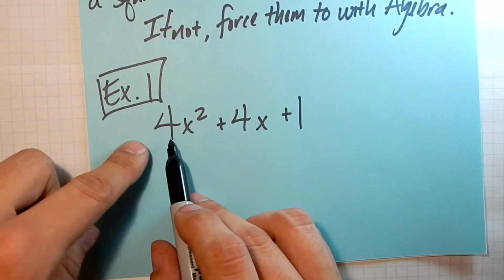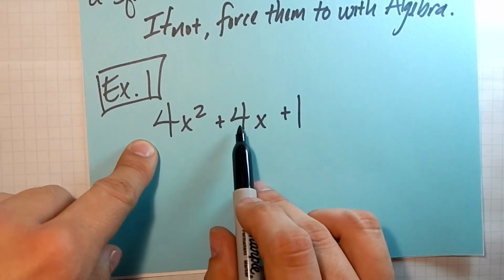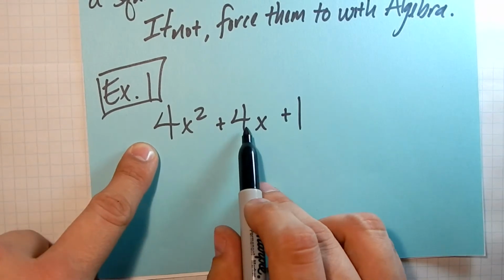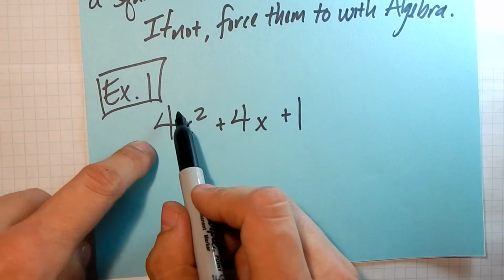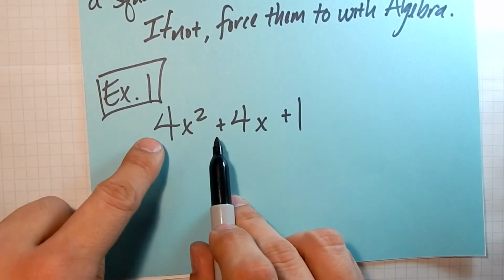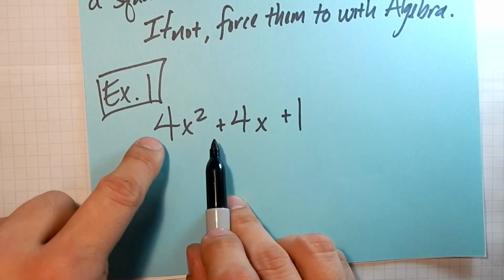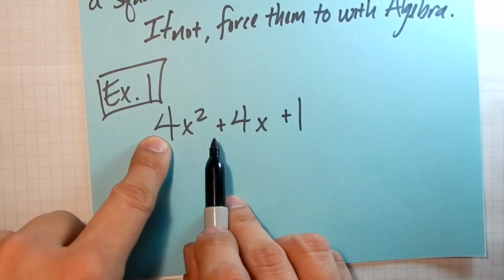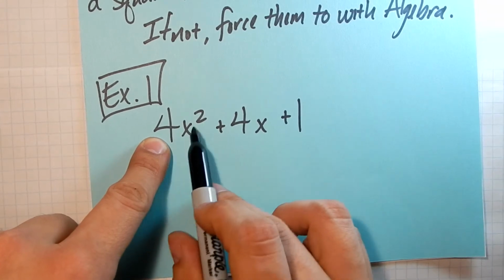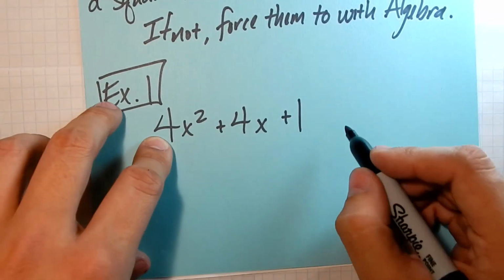We're looking for numbers that are square. This has a factor of the square root of 4, which is 2. So what we're going to do is make this just a square term. We're going to take the square root of a, which is 4, and the square root of x squared, which is x.